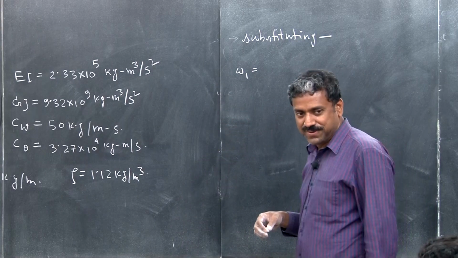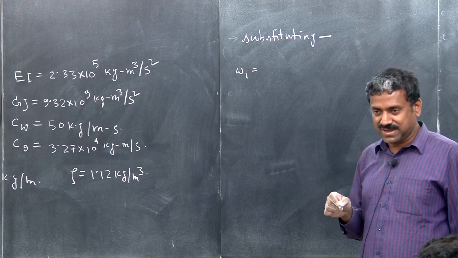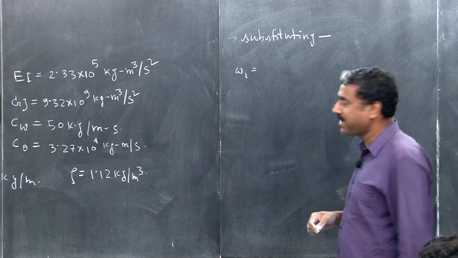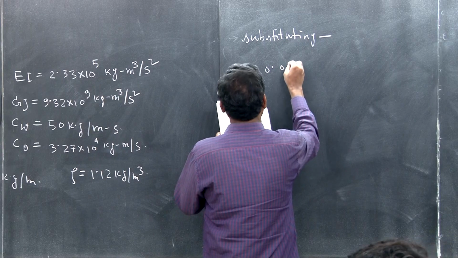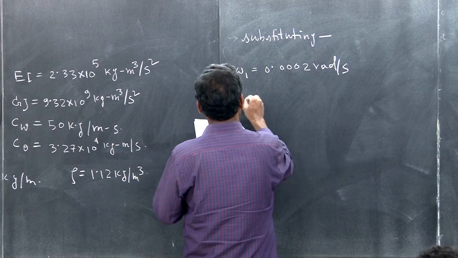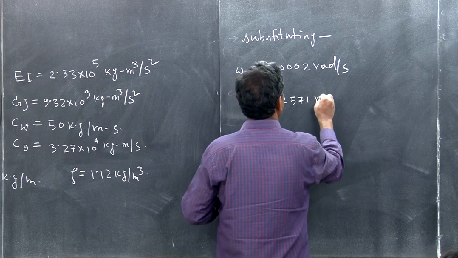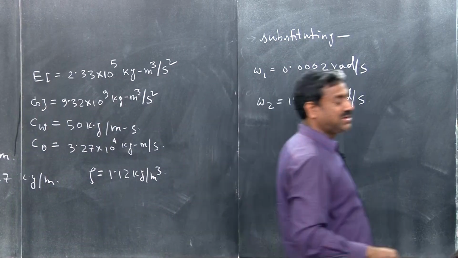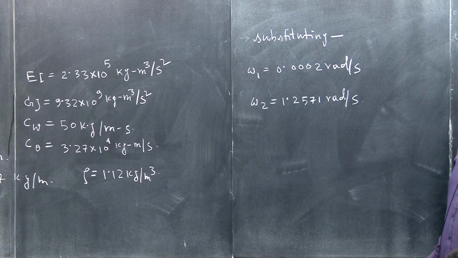That you can also do. So by solving separately, including only the mass and stiffness matrices, without the damping, omega 1 will be 0.0002 radian per second, and omega 2 is 1.2571 radian per second. Could you please tell me which one is the flexural mode and which one is the torsional mode?